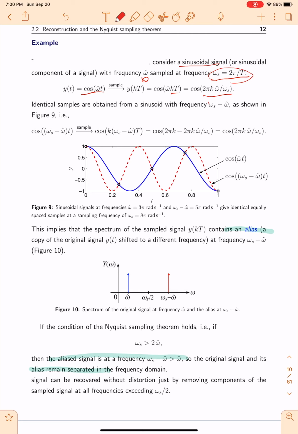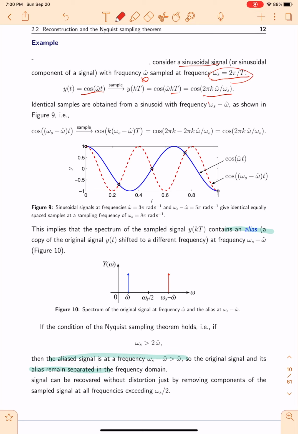And next, sinusoids at omega and omega_s give identical equally spaced samples at a sampling frequency of omega_s equals 8 pi. So for the same sampling, you can produce different waveforms, so you can't reconstruct it accurately using that sampling frequency.